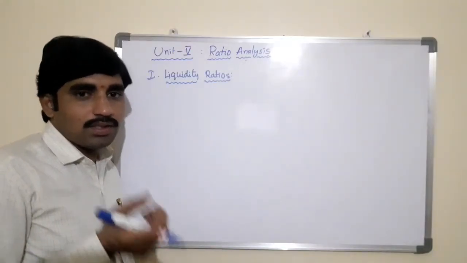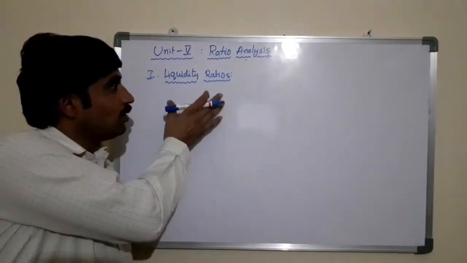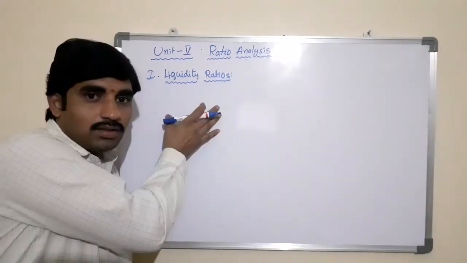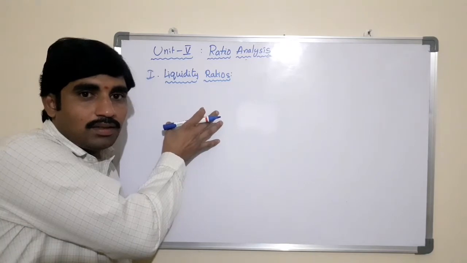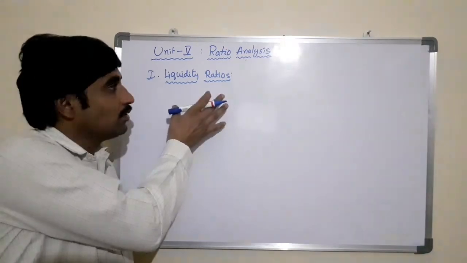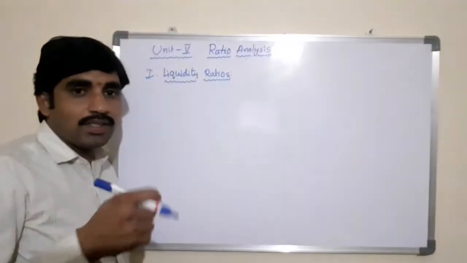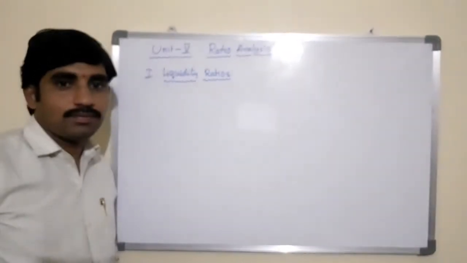In simple words, liquidity ratios are used to measure the short-term solvency position of the company in order to know whether it is in a position to meet the short-term commitments.